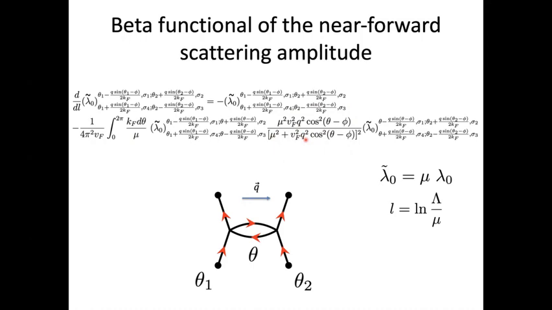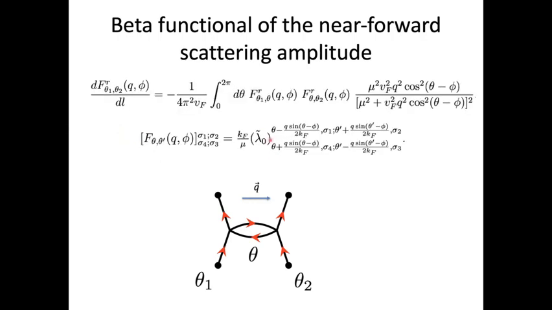In other words, at energy scale mu, if the momentum transfer is comparable to that energy scale, the non-forward scatterings renormalize your coupling function in a non-trivial way. Although it is irrelevant by power counting, its phase space grows as we go to the low energy limit. So in a sense, these two effects compensate to make this into a marginal coupling.